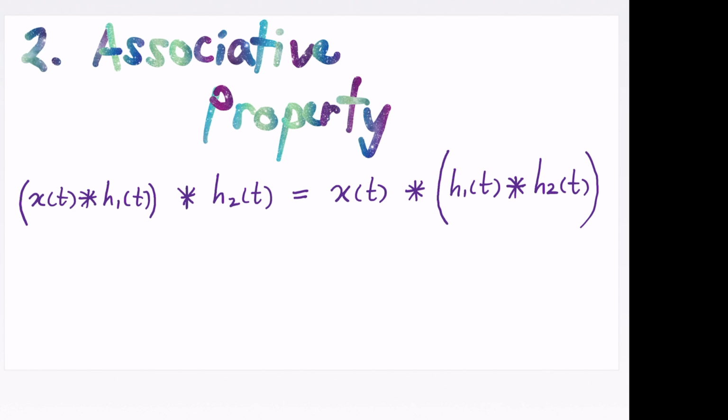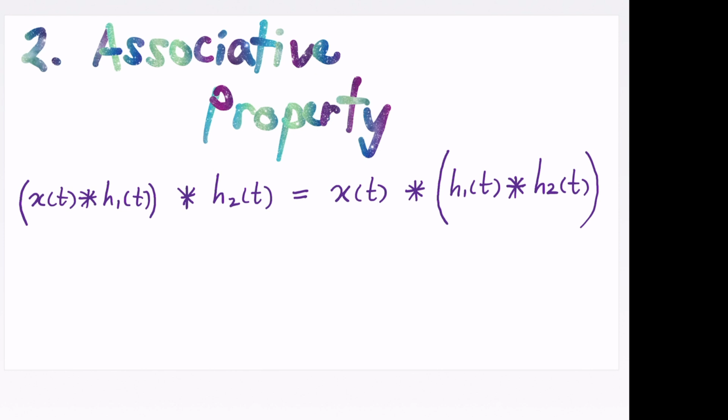For the case of convolution of three different signals, we have to select two signals for the first convolution, and then the output of the first convolution is subjected to the second convolution with the last signal.